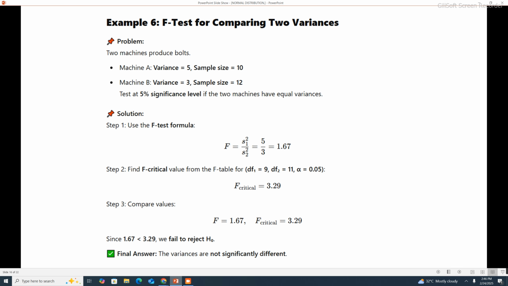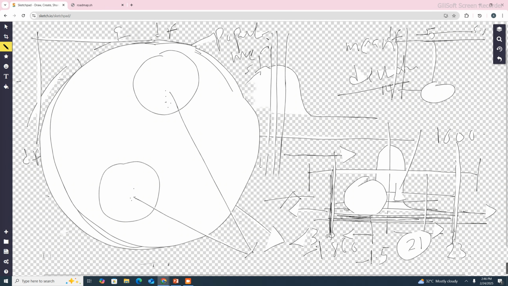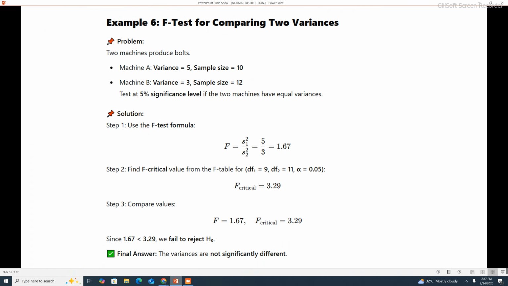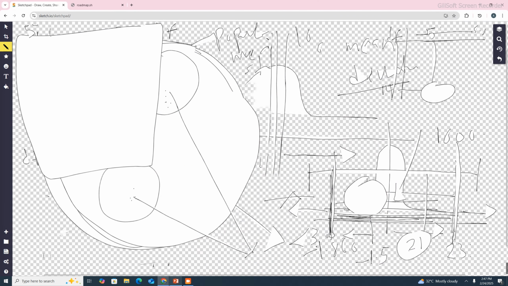We're comparing 9 and 11 together, because that's n-1. So we'll check where 9 is here and where 11 is, and wherever they meet, that is where we're going to be checking. The F distribution is such that a single table like this will be for 5%, another table will be for 10%. That's how you are going to be checking it. So when we calculated, we got 1.67. When we check the table, we got 3.29.